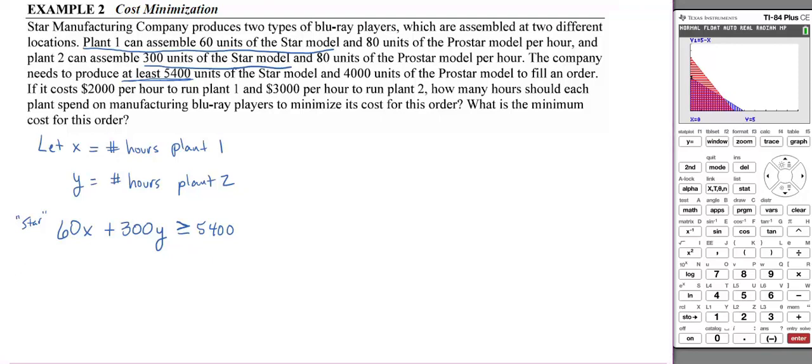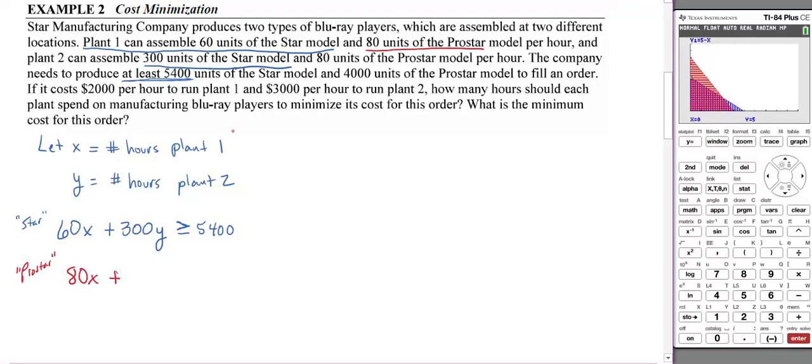Now let's make an inequality with our Pro Star. Our Pro Star model going on here. Let's see, I have 80 units of the Pro Star from Plant 1. So they're going to be 80 times however many hours they operate.